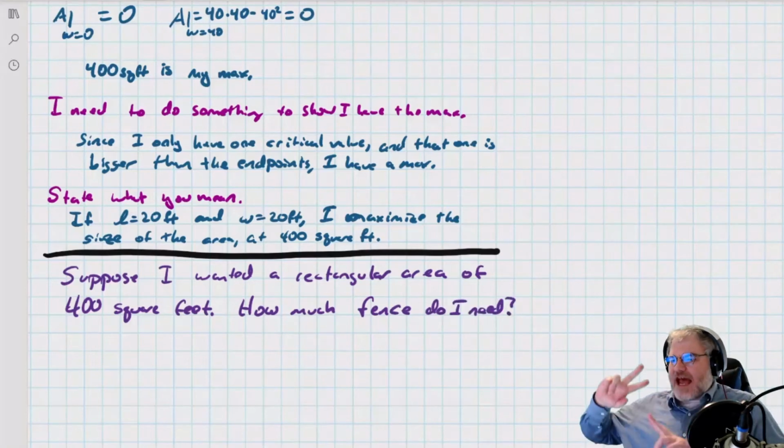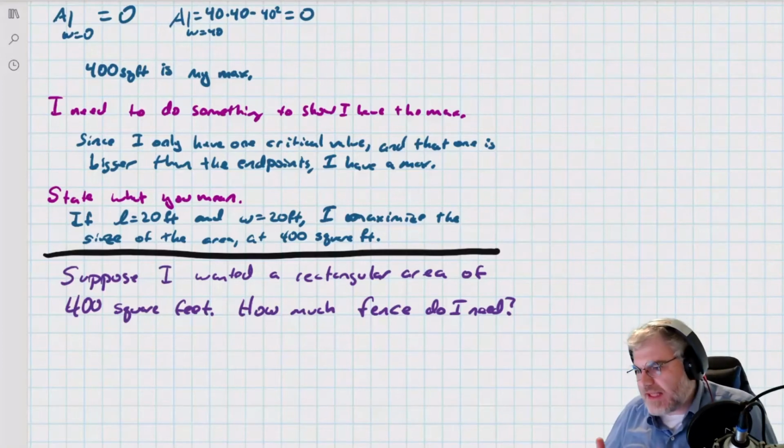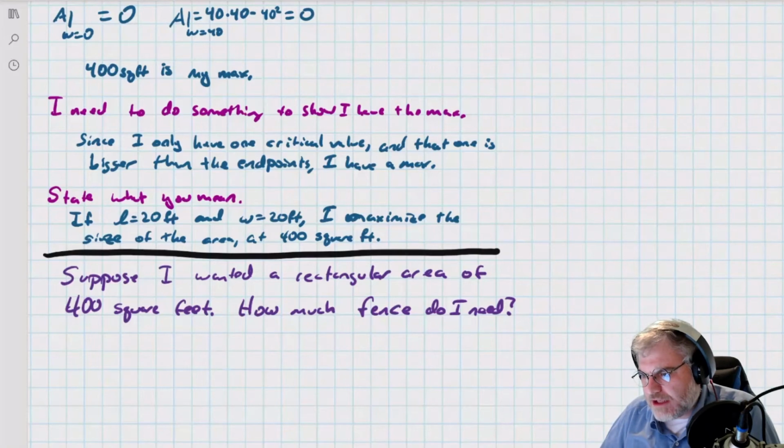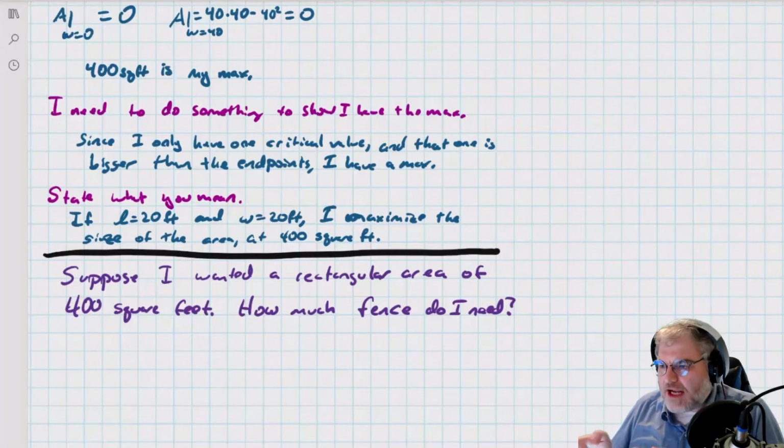So now I've asked a slightly different question. Before, I was given the constraint, the cost. I was given the amount of material available, and I found the largest area that could be enclosed. Now what I want to do is build a certain amount of area.